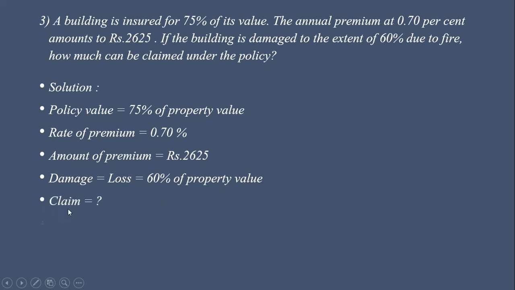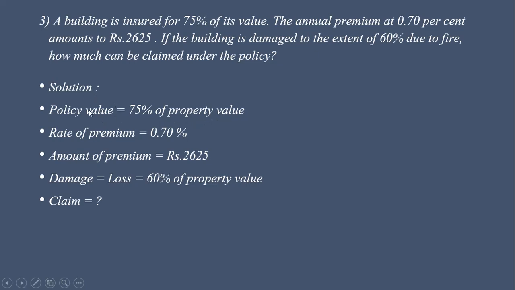Now we want to find claim. Now to find claim, we require loss, policy value and property value. So to calculate loss, it is 60% of property value. If we know property value, then we can calculate loss. Now we require policy value. It is equal to 75% of property value. If we know property value, then we can calculate policy value.